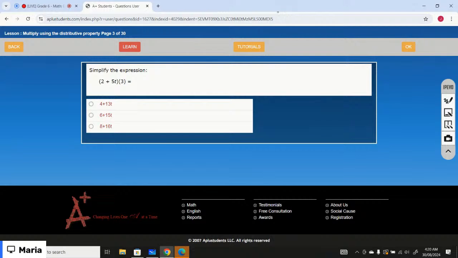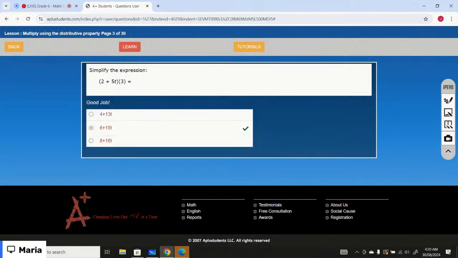That is the second option. 6 plus 15t is the correct option. Got it?